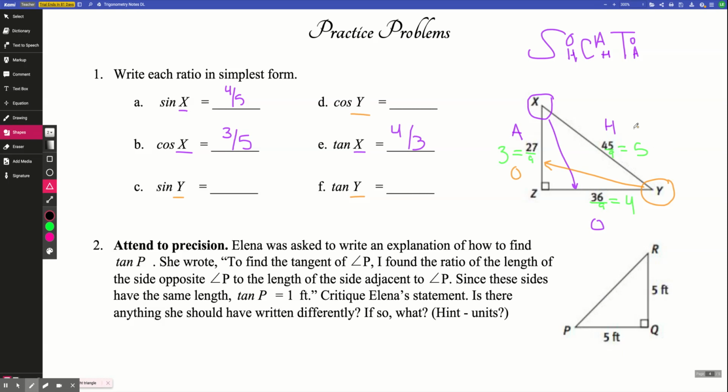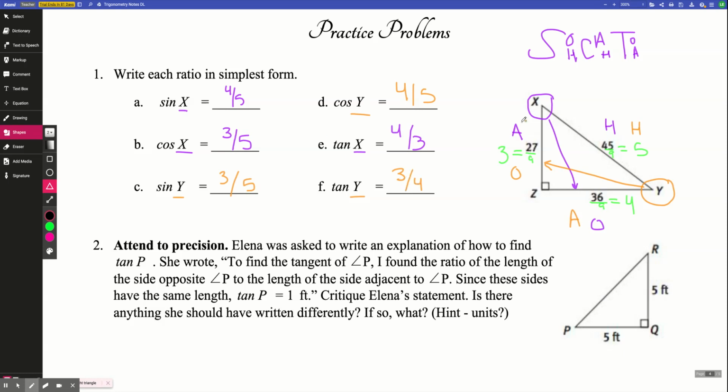This side here is still the hypotenuse, and this side here becomes the adjacent side. Remember, opposite and adjacent are completely dependent upon the angle that you're looking at. So sine of y is opposite, 3, over hypotenuse, 5. So 3 over 5. Cosine of y is adjacent over hypotenuse, so 4 over 5. And then tangent is opposite over adjacent, so 3 over 4.